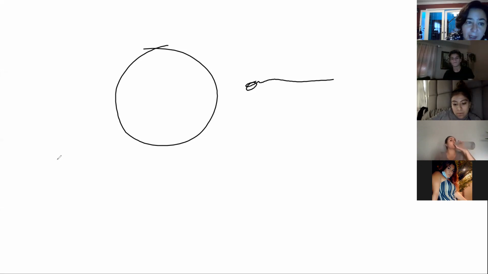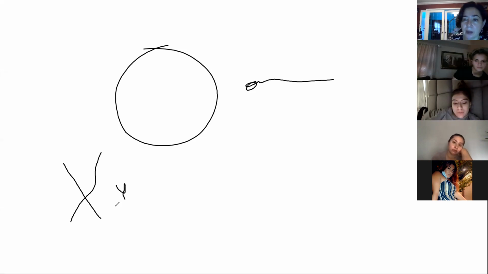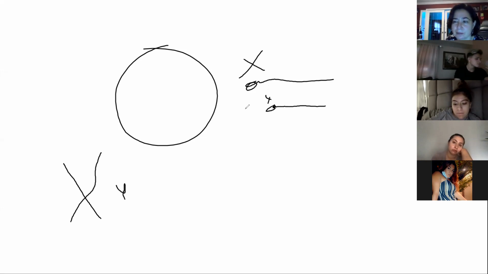Now, if you look at the X chromosome, it's actually a very big chromosome. The Y chromosome, which defines the gender, is tiny. It has only 50 genes. It's a really small chromosome. So if this one carries X and this one carries Y, which one is heavier?